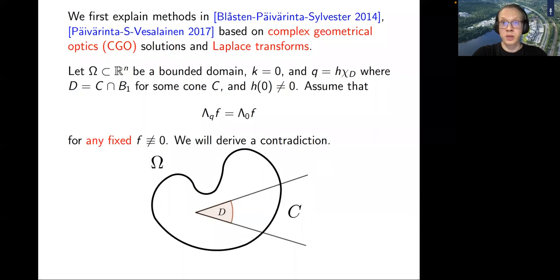These use complex geometrical optics, CGO solutions, and Laplace transforms. So let me try to indicate how this goes. This will be a little bit technical, but please bear with me.